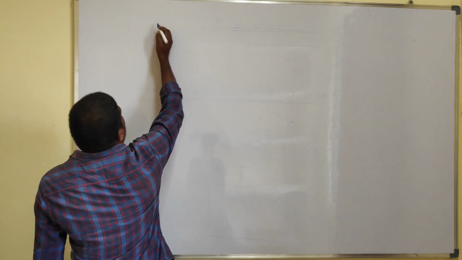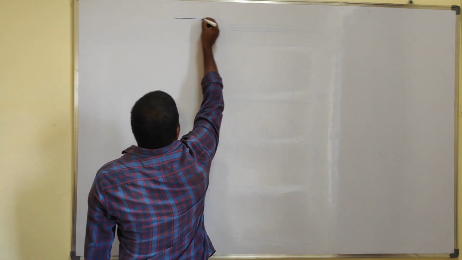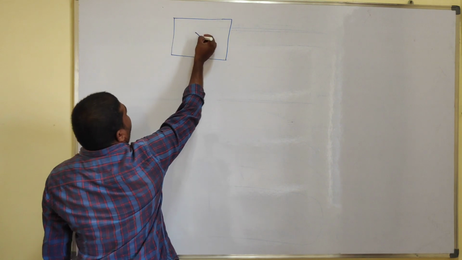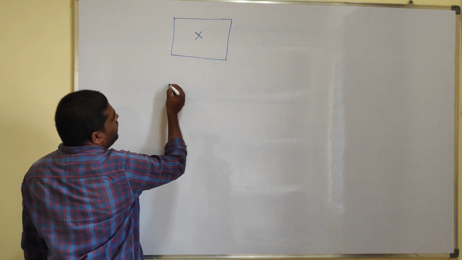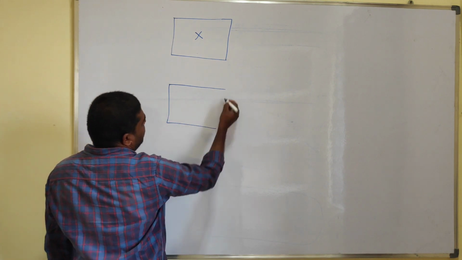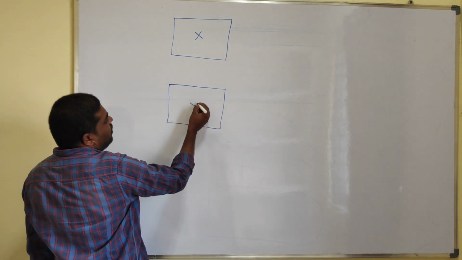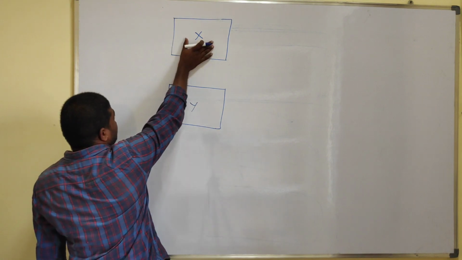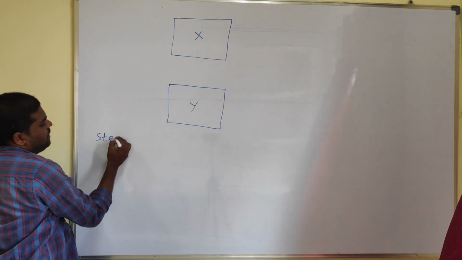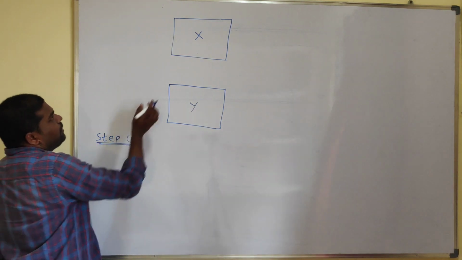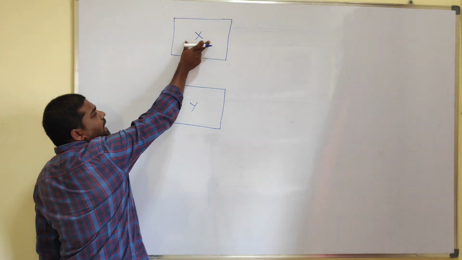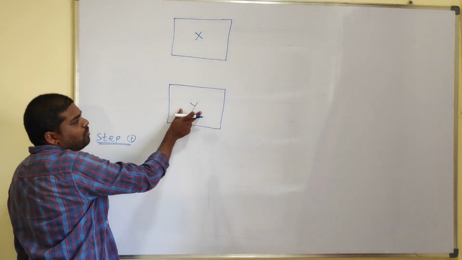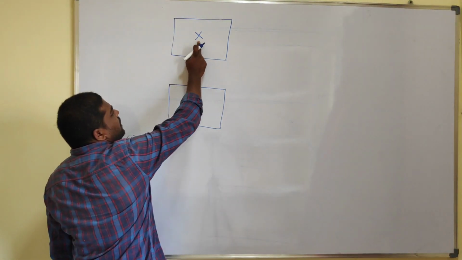So the first two-port network I can denote as X two-port network, and the second two-port network I will name Y. Step one: you define variables for the X two-port network, and similarly you define variables for the second two-port network.